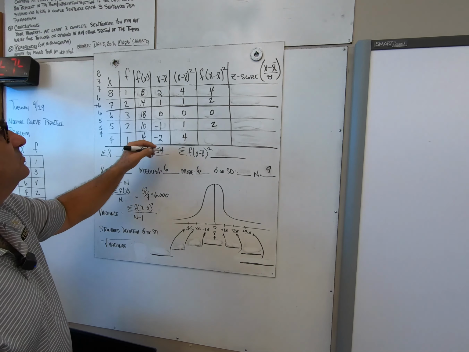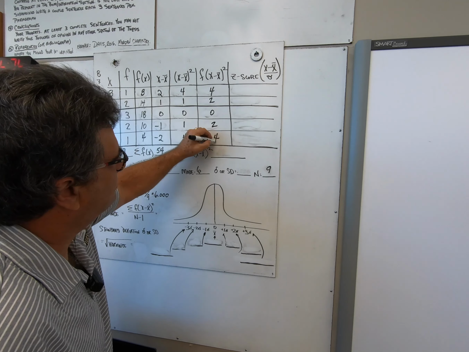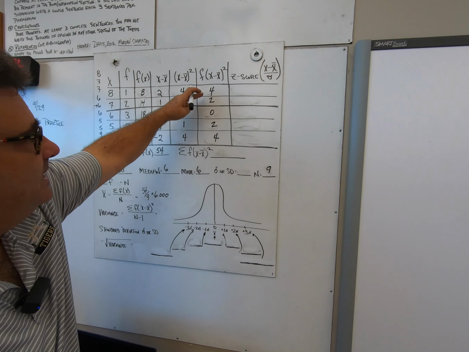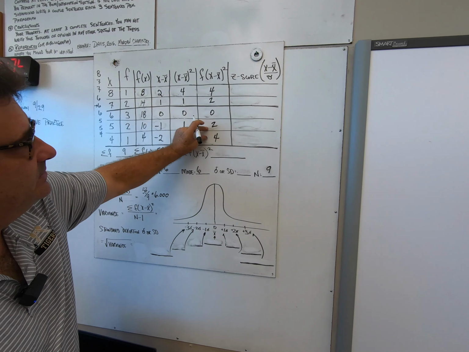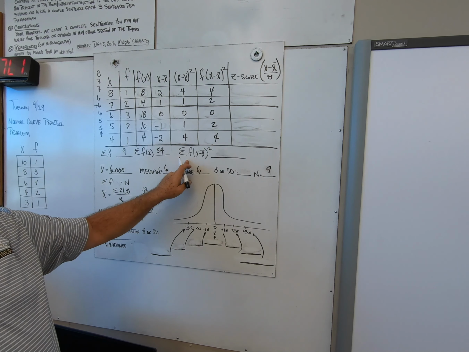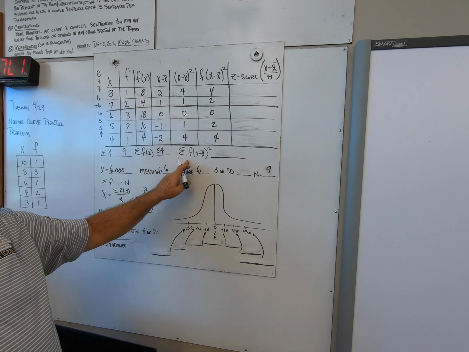And 4 times the 1 is 4. You guys good to there? Nothing too fancy yet. We then add this up. There's 6. There's 6. So what's this going to be, this sum of down here? 12, right? When you add the whole thing up, it's going to be 12.